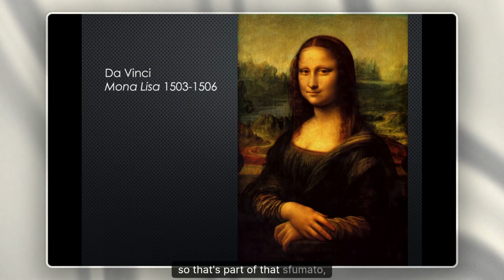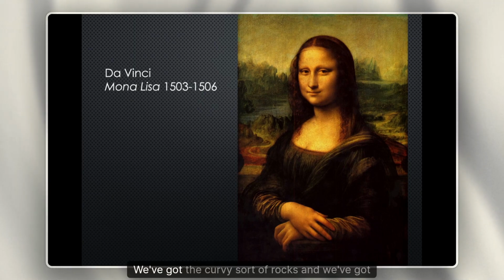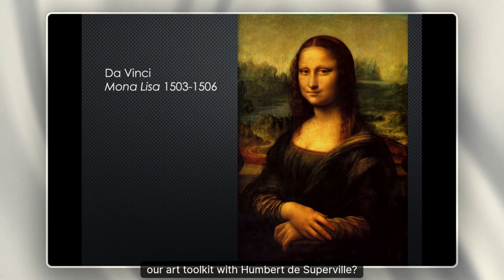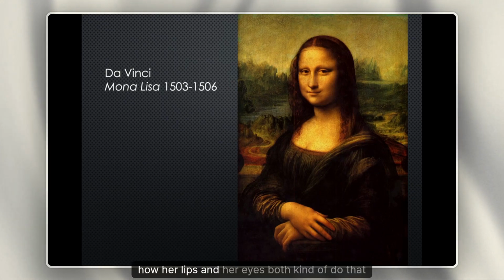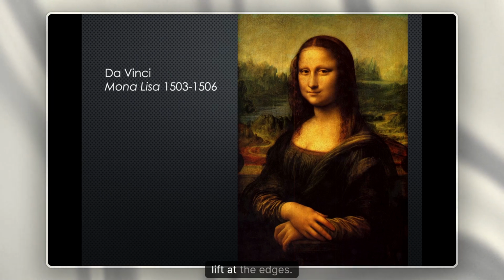So that's part of that sfumato misty hazy background. Let's look at curvilinear too. We've got the curvy rocks, and the curvy shapes of her body. Remember our art toolkit with Humbert de Superville, how her lips and her eyes both kind of turn upward, lifting at the edges.